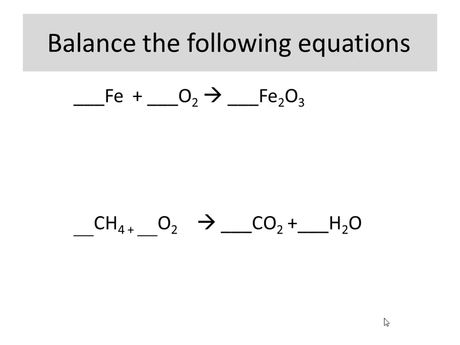Let's check out, this is what I do when I balance an equation. So the first thing I do is under the arrow, under the yield sign, I write the elements that we have in the equation. So in this case, we're talking about iron, Fe, and oxygen, O. So in my reactant side, how many Fe's, how many iron atoms do I have listed? 1.